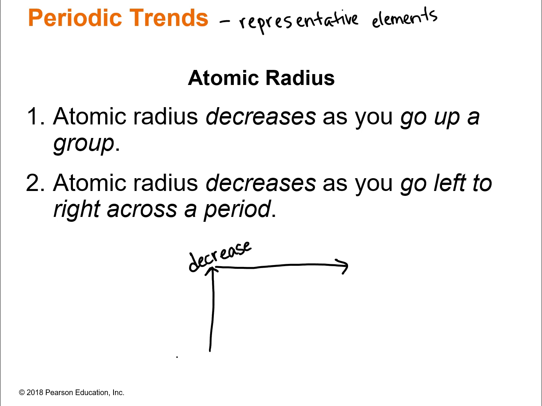Now let's rationalize this a little bit. The biggest energy level that we have is n equals 7. The smallest is n equals 1. In chapter 4, we said the bigger your energy level is, the bigger space you have for the electrons to hang out in.